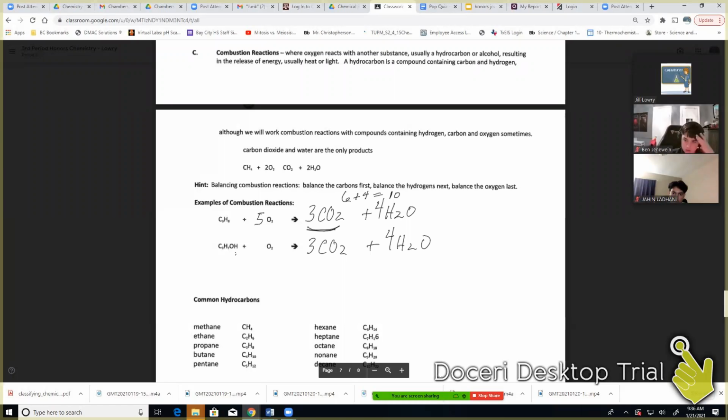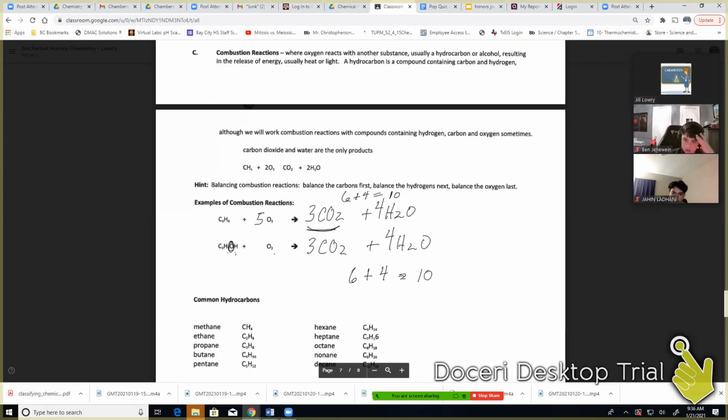Now for my oxygen, I have 3 times 2 is 6 plus another 4, which seems like a good thing because it's a nice even number, but you have to remember you have that one little oxygen hanging around right there. Don't write this because I'm going to have to erase it. I can't put a 5 there because if I did, 5 times 2 is 10 plus another 1 is 11. So that doesn't work.